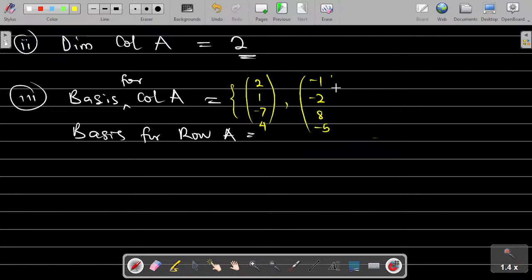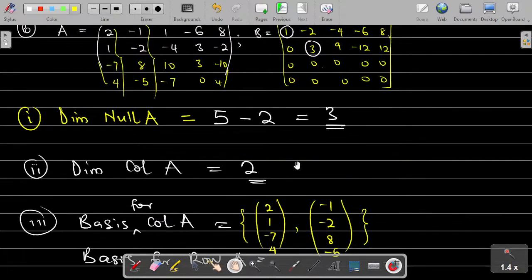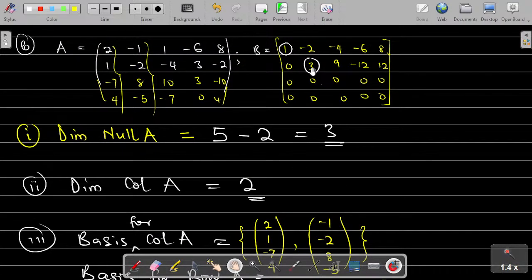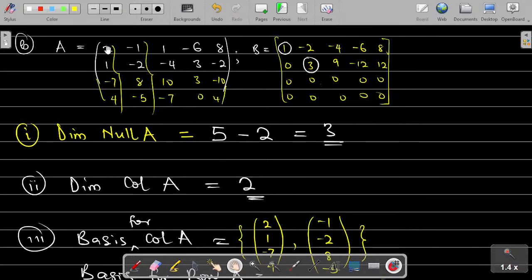Remember, you pick the elements of the basis of the column space from the original matrix. What the reduced matrix does for you is just show you the entries to pick. So the pivots here tell you that you will pick column 1 and column 2.